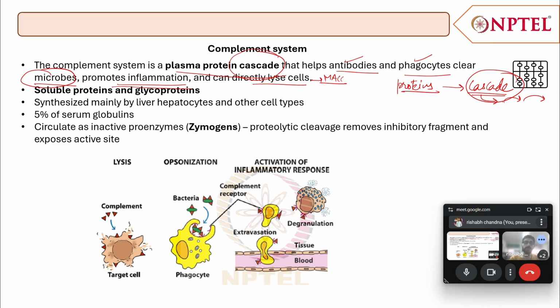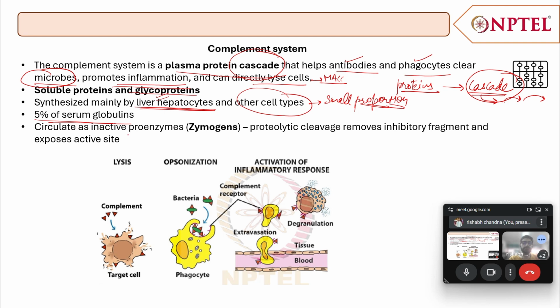These are soluble proteins and glycoproteins present in the plasma. They are mostly synthesized by liver hepatocytes, and some components are synthesized by other cell types in smaller proportion. The major share is secreted by the liver hepatocytes, and it constitutes about 5% of the serum globulin proteins. They circulate as inactive prozymes or zymogens.